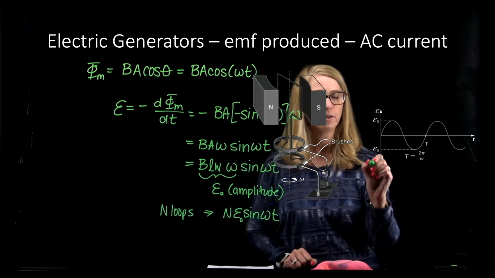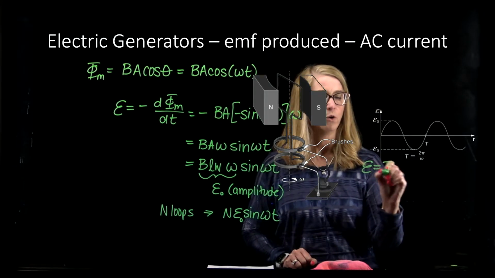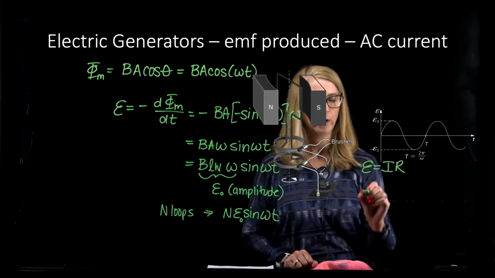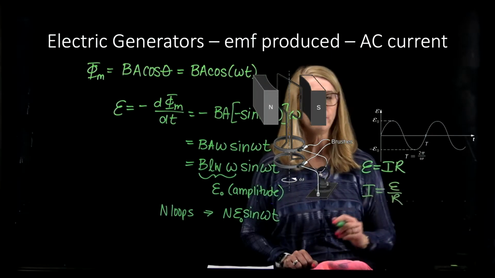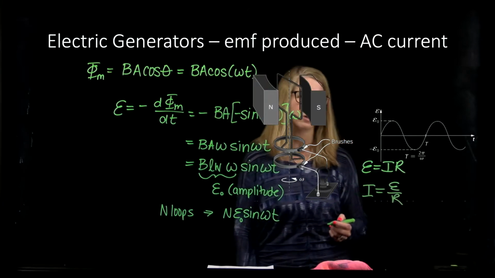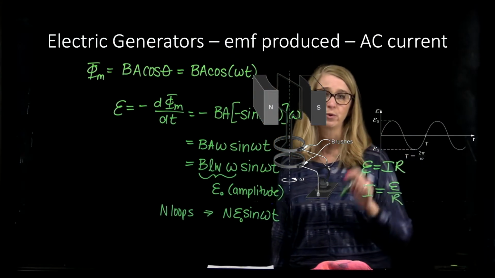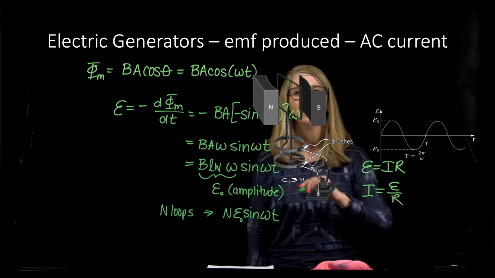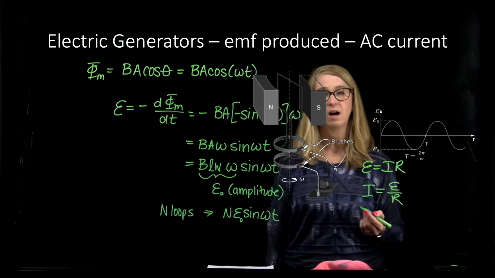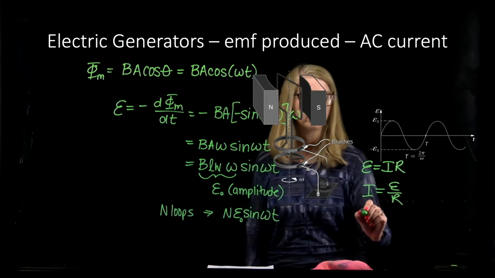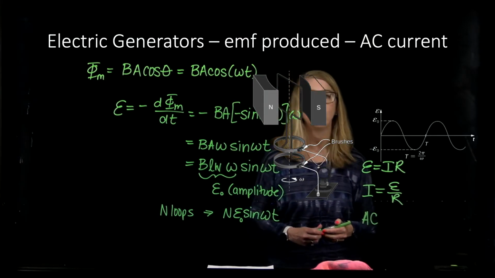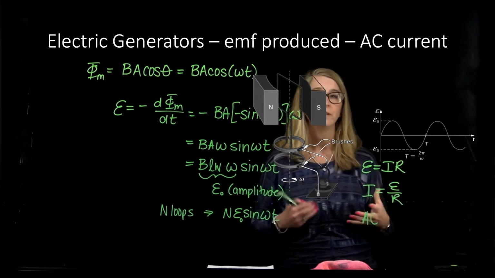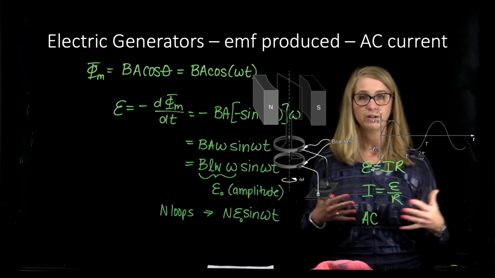If you think about the use of Ohm's law in this situation, you can see that the current is also going to have this sinusoidal dependence. That is, the current is not going to be a constant value. Instead, it's going to be what we call AC current, which stands for alternating current, which means it's a current that varies with time.